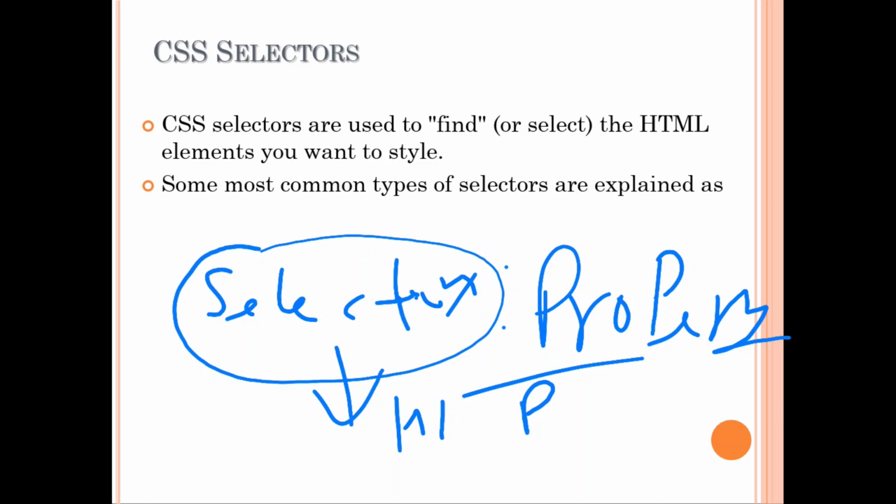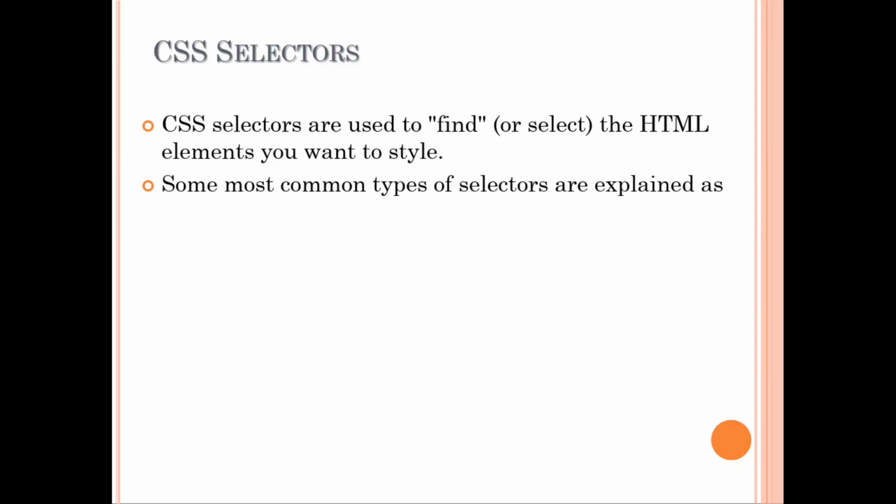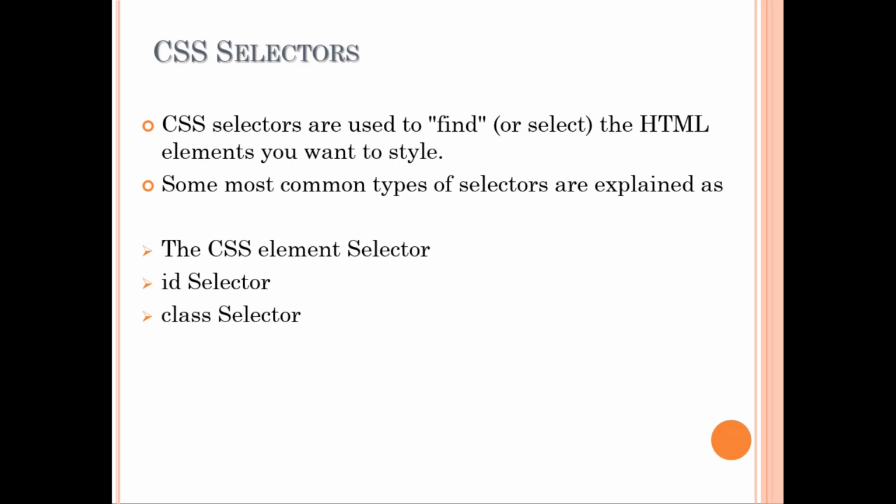So let's start. What are the kinds of this? We have ID selectors, class selectors, and universal selectors. The other form is simple selectors or HTML selectors, which were discussed earlier.